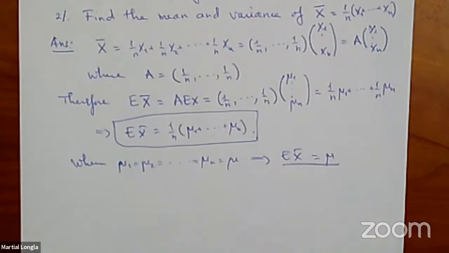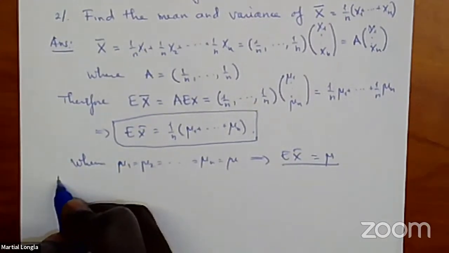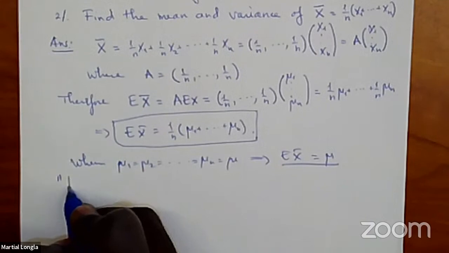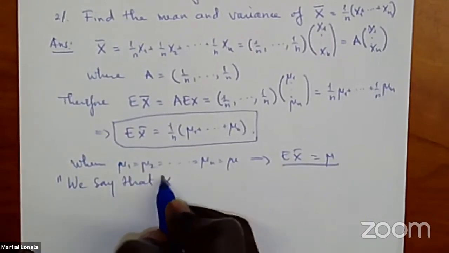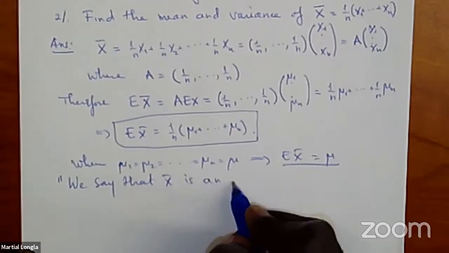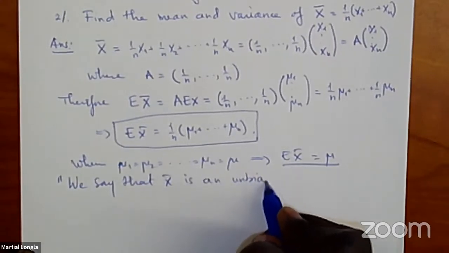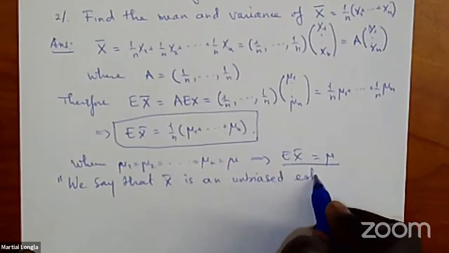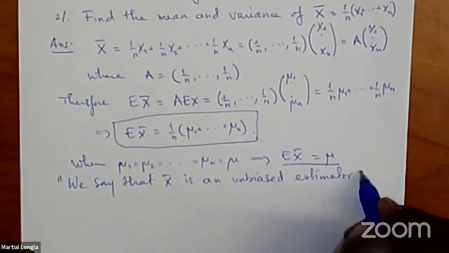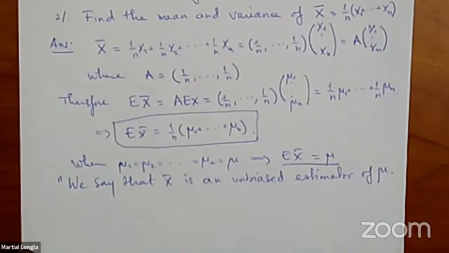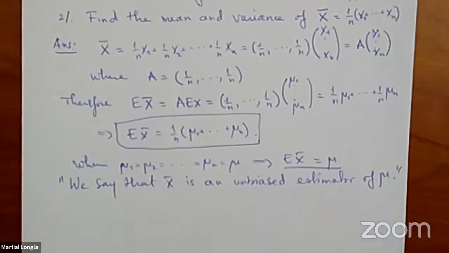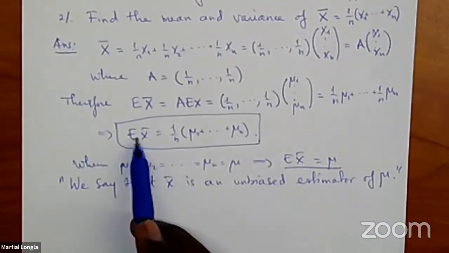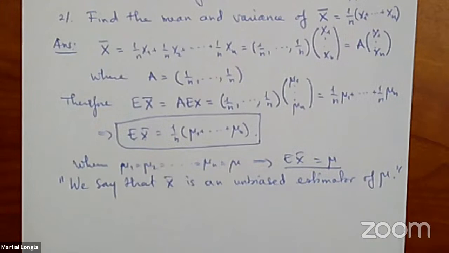In this case, we will get to that later on in this class, we say that x bar is an unbiased estimator of mu. So we say that x bar is an unbiased estimator of the mean mu because the expected value of x bar is equal to that mean.